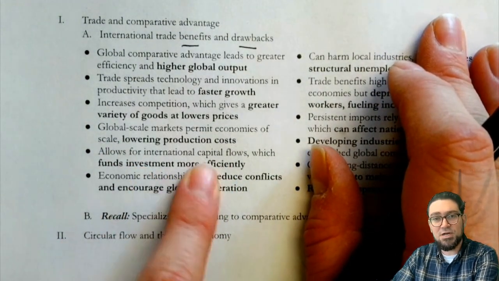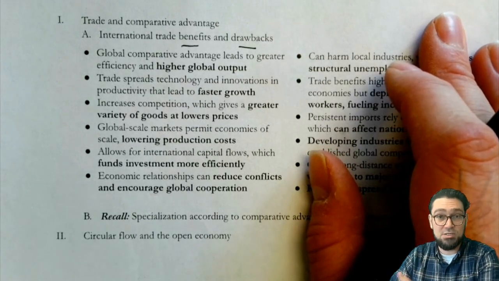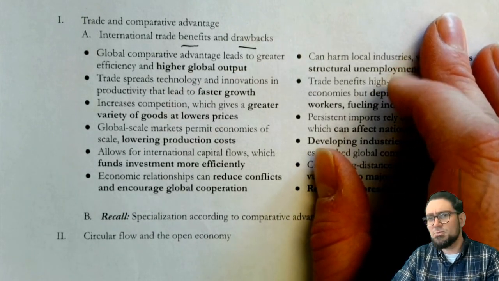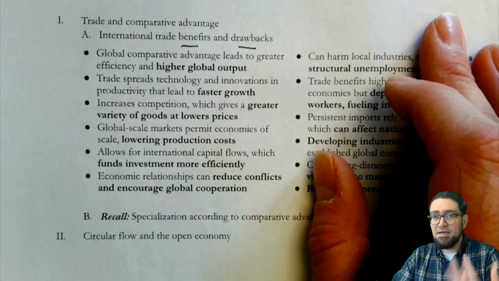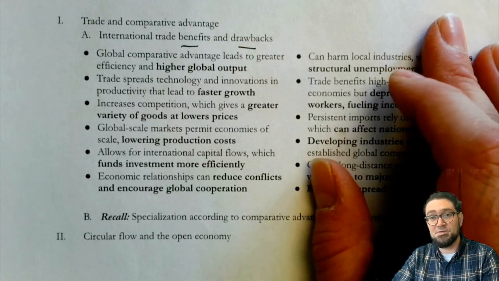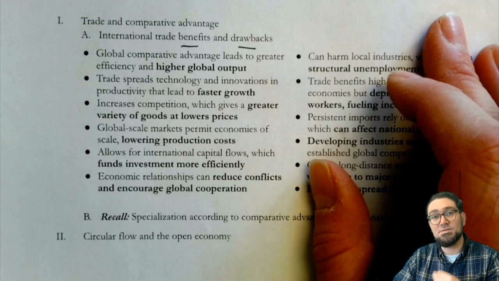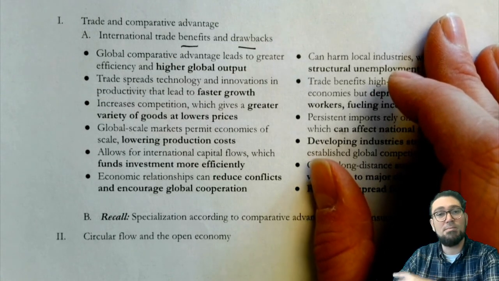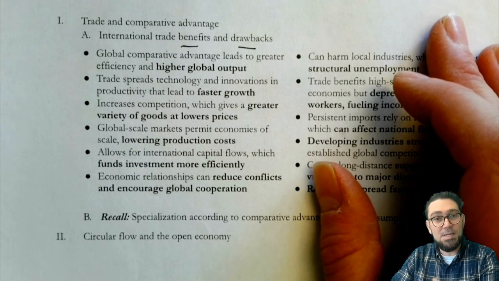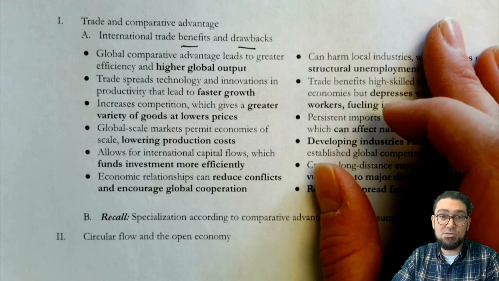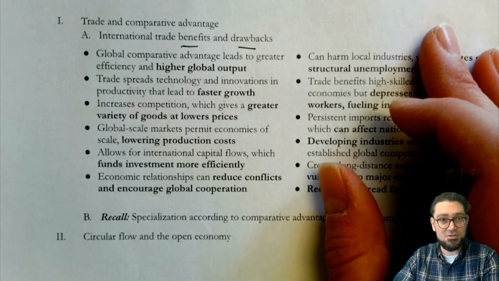Trade also allows for international flows of money, where savings can go to where it's put to its best and highest use. In other words, if I'm an American and I'm saving money, maybe if America is the best and highest use of my money, great. But what if it's Japan? Then international trade allows me to save my money and put my money into the Japanese loanable funds market. It allows me to lend my money there where it's going to be put to its best and highest use. So international trade can let our money be used more efficiently even.